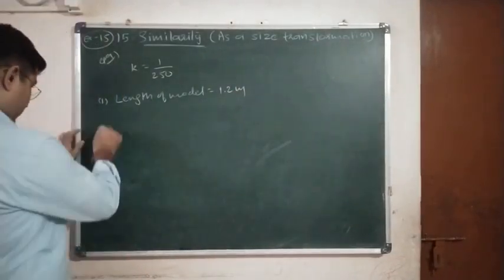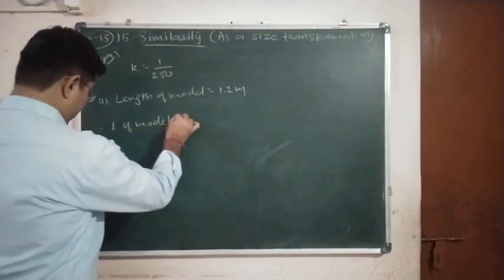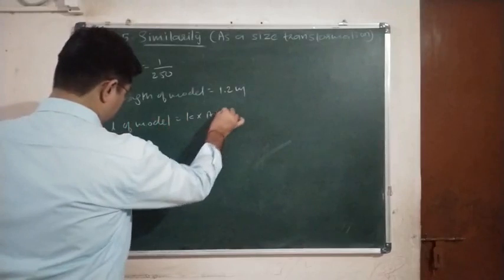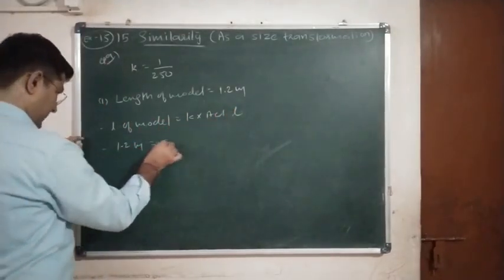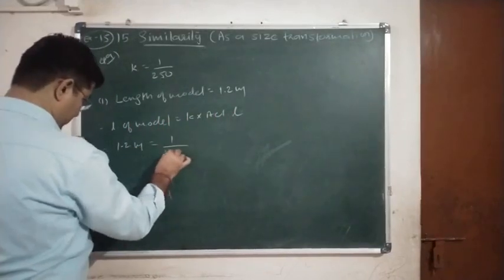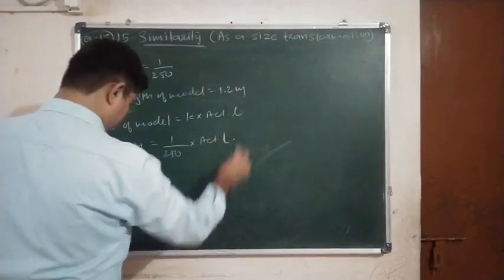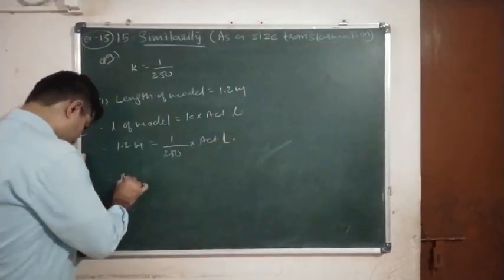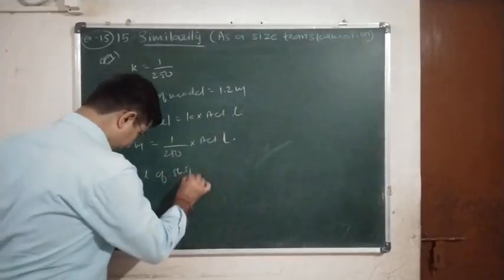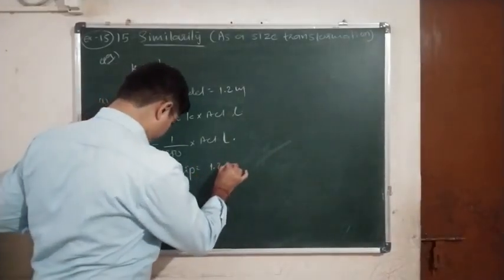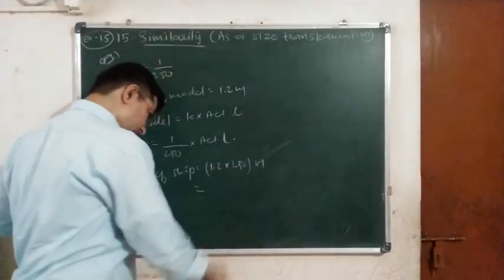Put the formula only. Length of model is equal to k into actual length. So 1.2 meters equals 1 upon 250 into actual length, and therefore actual length of the ship will be equal to 1.2 into 250 meters only.